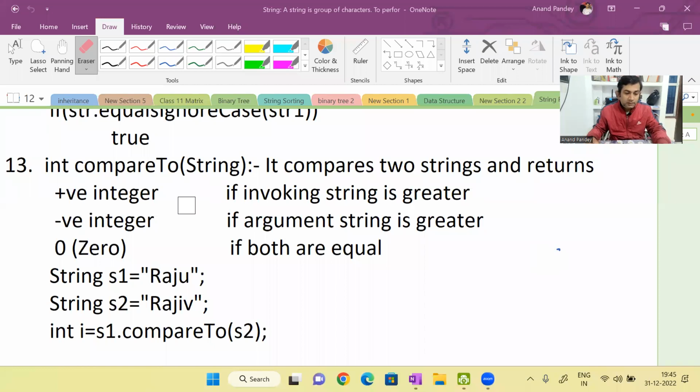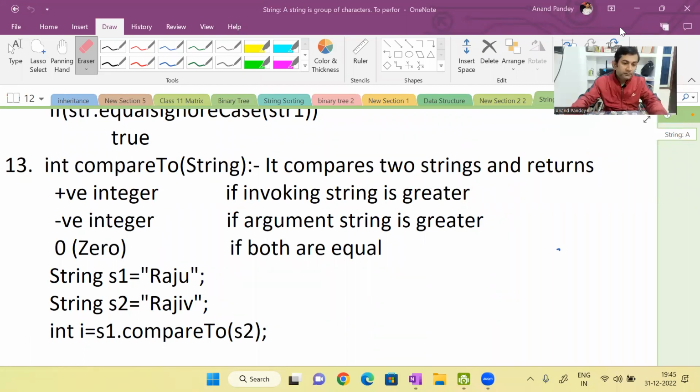Okay, so now the next function is the compareTo function. Before starting, let me focus on one thing. See carefully what the return type of this function is. The return type of this function is int. It returns an integer value. Generally, this confusion will be created.